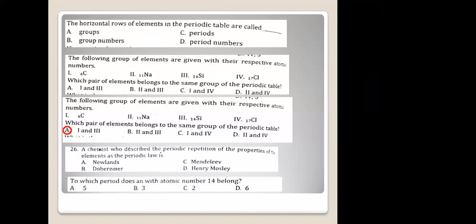Now, moving on to the next question. To which period does an element, the word element is missing there, with atomic number 14 belong?